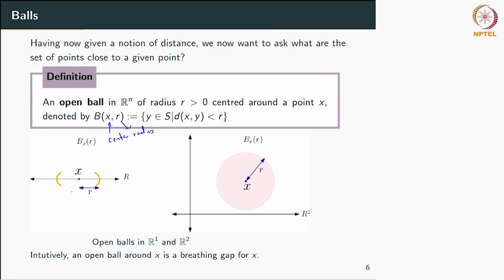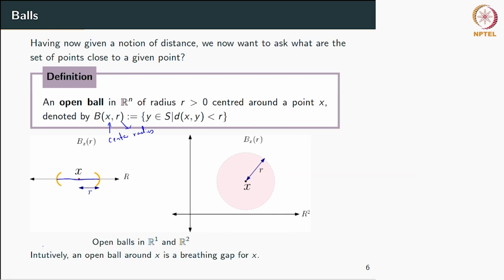To visualize this in n equal to 1 dimension, that is, on the real line, you have a point x and a radius r. It consists of all points which are at distance less than r. All these points on this line constitute the elements of the open ball.